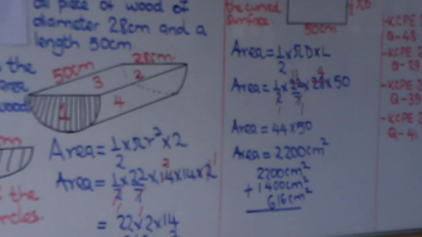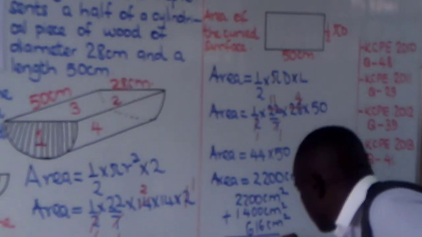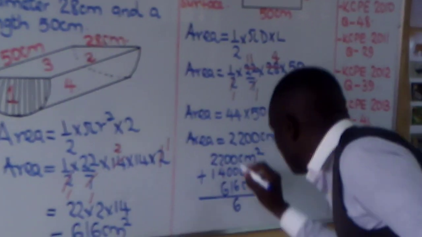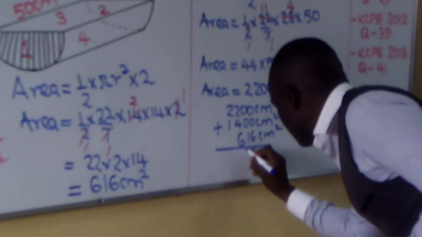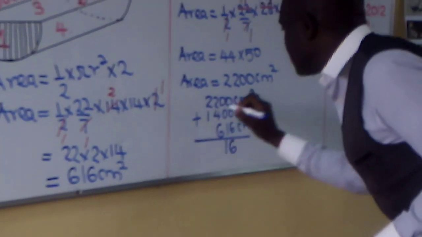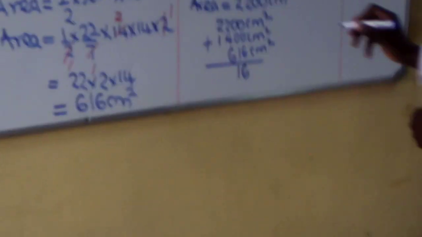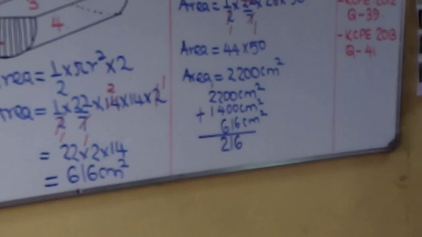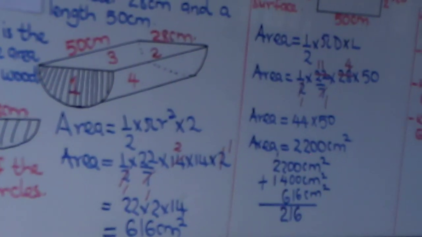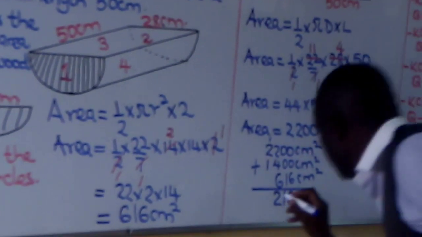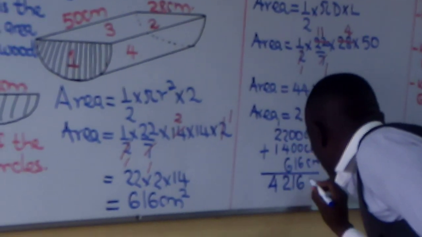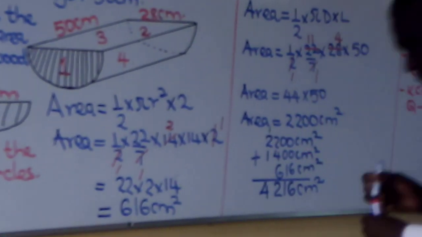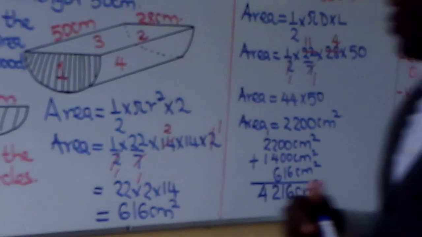So when we add these, 6 plus 0 is 6, 1 plus 1 plus 0 is 1, 2 plus 4 is 6, 6 plus 6 is 12. We carry 1. Now 1 plus 2 is 3, and 3 plus 1 is 4, giving 4,216 square centimeters.